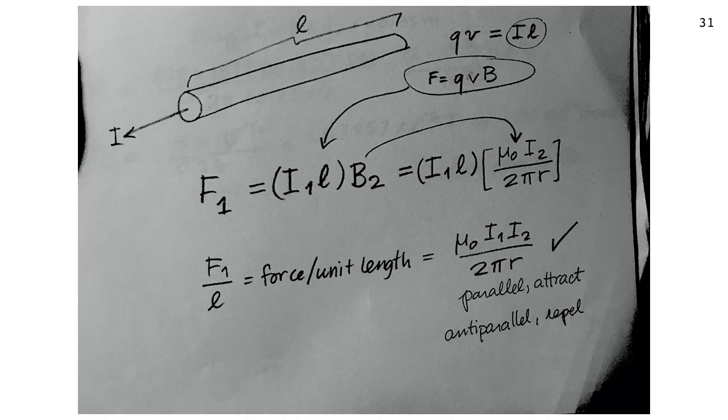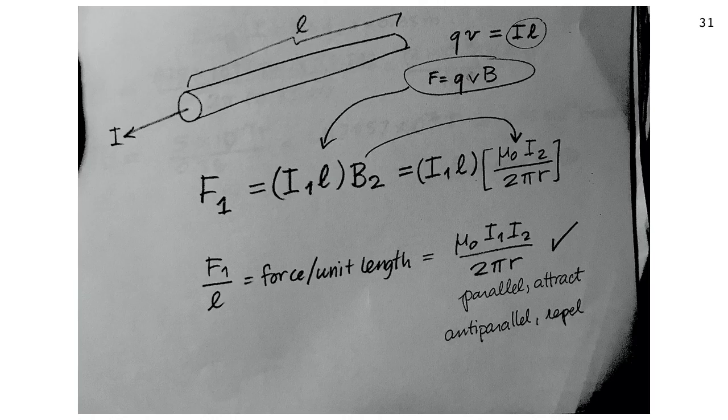Now B2 is equal to mu naught times I2 over 2 pi r. So that's B2 right here.